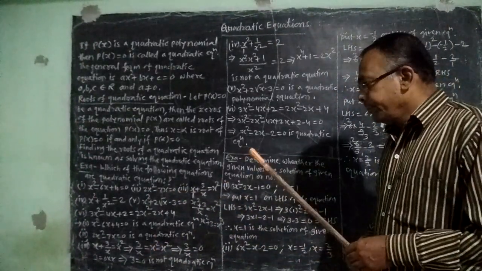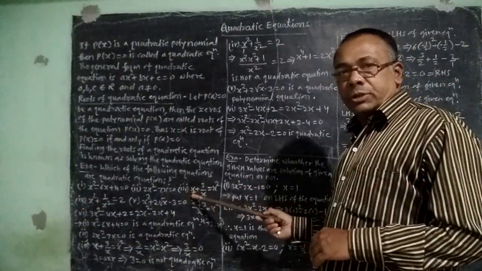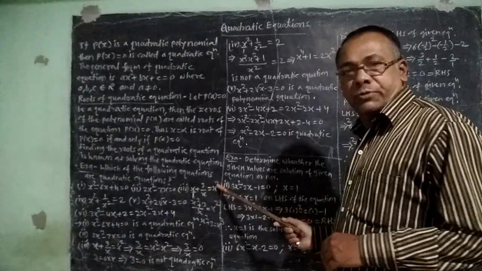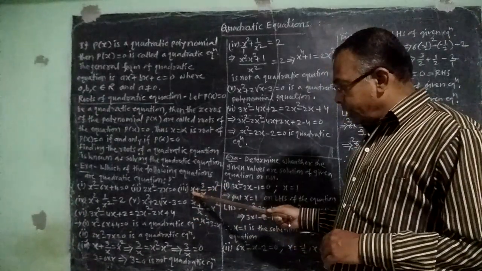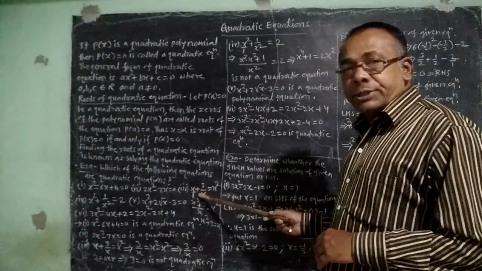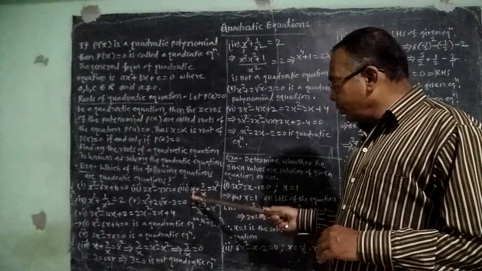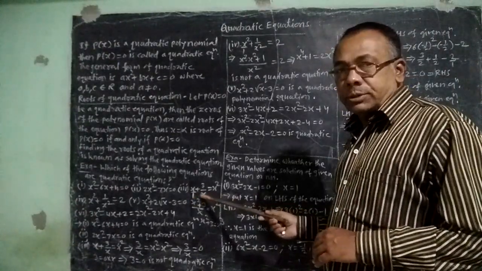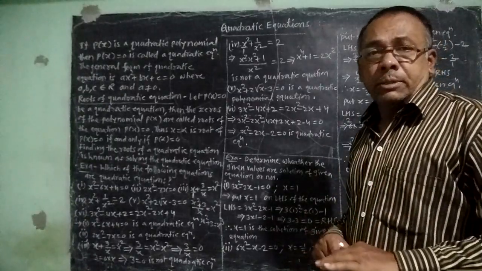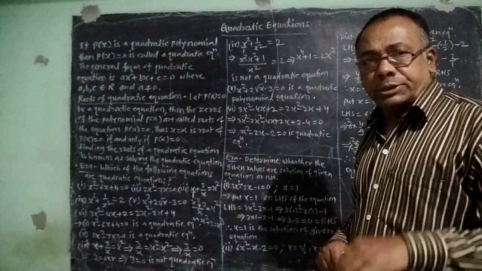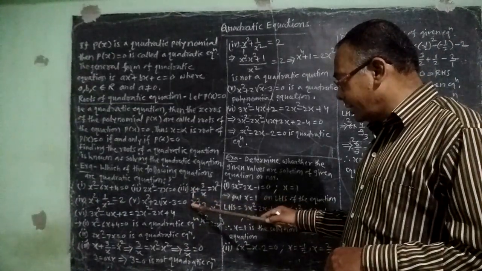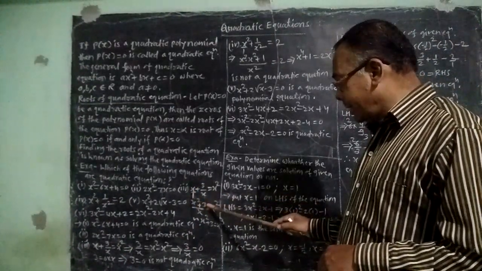But the third equation, x plus 3 upon x is equal to x square. The denominator of x is 1, and at the LHS we have to add the terms, and for addition denominators must be the same, but they are not, so we cross multiply. x into x means x square, plus 3 into 1 means 3, divided by x.